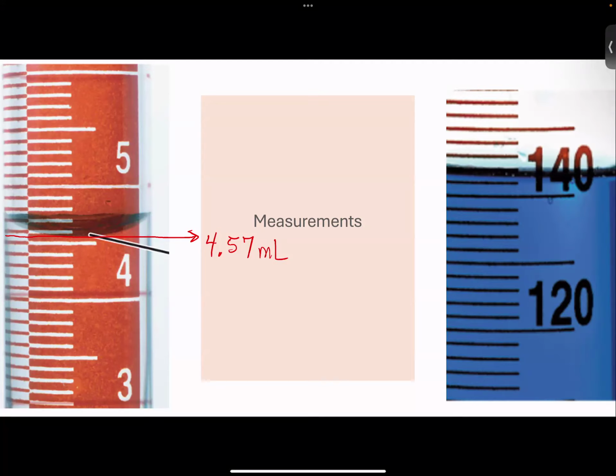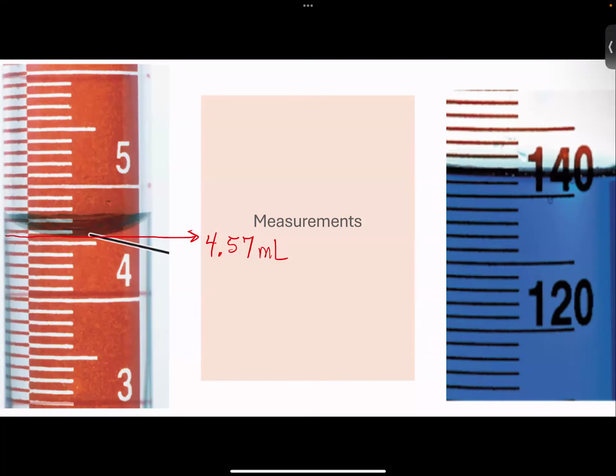Always read eye level with the meniscus. With your devices that you're going to use in the laboratory, that may mean you have to sit down or get further down, or it may mean that you have to move the instrument up and down, but read it at eye level. That way you don't have a parallax error.